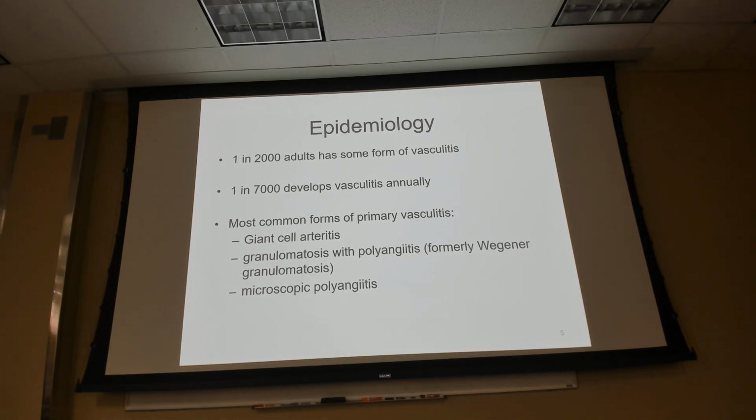Epidemiology, 1 in 2,000 adults have some form of that. 1 in 7,000, it develops annually. So once they have had some history of it, they can have it occurring annually. Most of the common things which we are going to talk about would be the GCA, right?